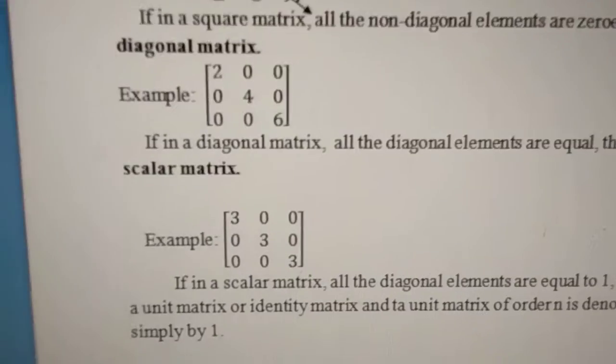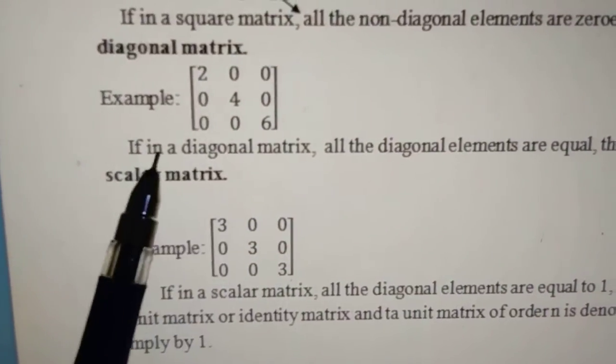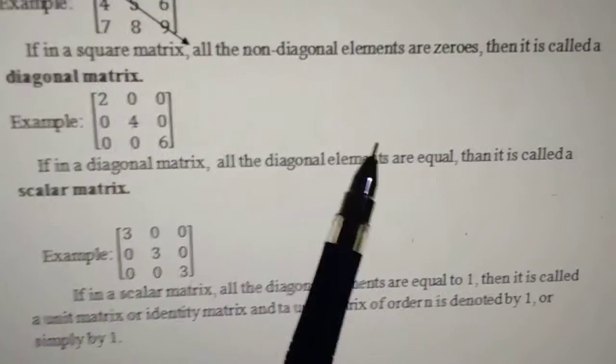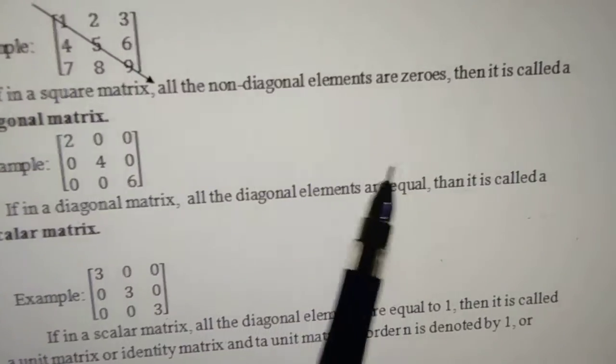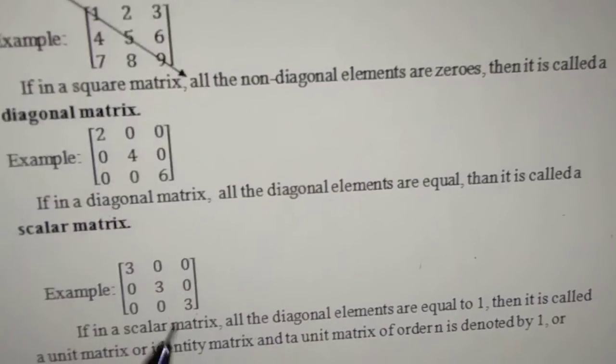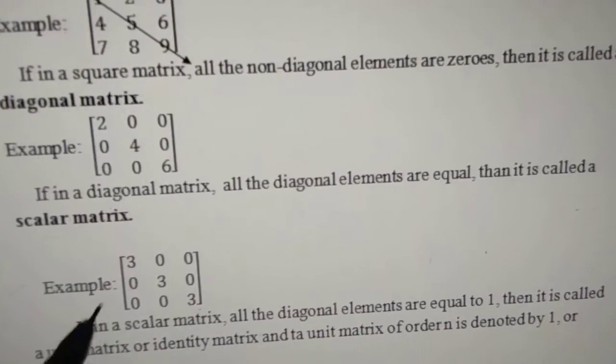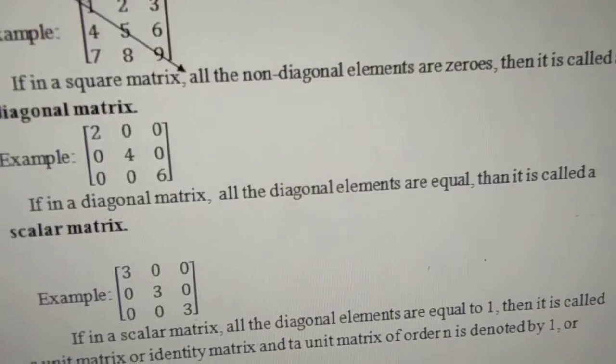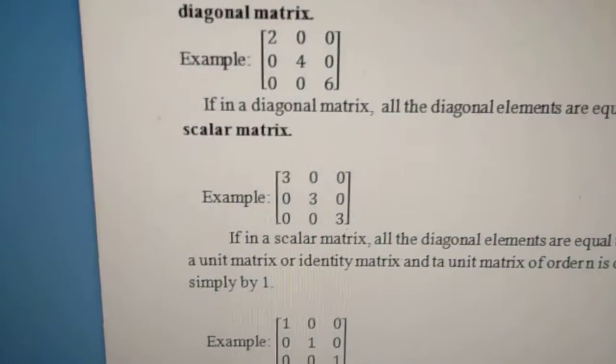So you can define like this, what is the meaning of the scalar matrix? If in a diagonal matrix all diagonal elements are equal, 3, 3, 3, 4, 4, 4, 5, 5, 5, whatever it may be, then it is termed as a scalar matrix.